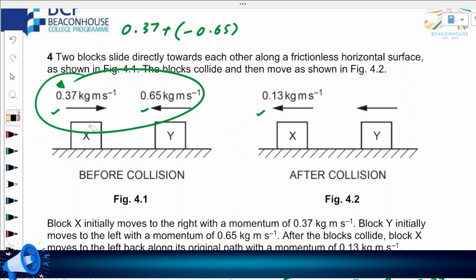Because the sign convention of momentum is important, the left side would be negative and the right side would be positive. This is what the convention is. Equals momentum after collision, which equals the momentum of x plus the momentum of y.